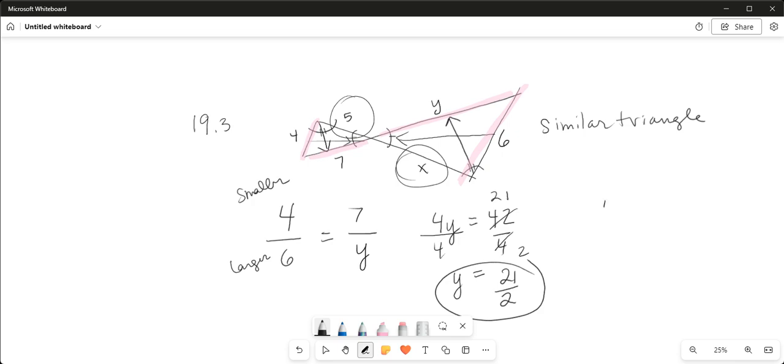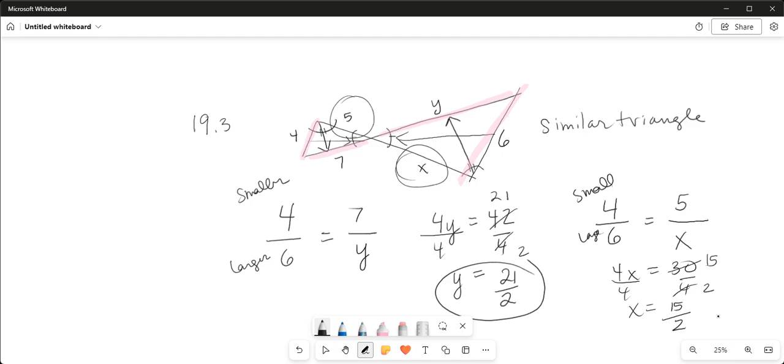So we start with 4 over 6 again, smaller triangle to larger triangle, and then use the smaller side 5 over the larger side x, and solve. 2 goes into 4 2 times, and 2 goes into 35 15 times. So x is 15 over 2.